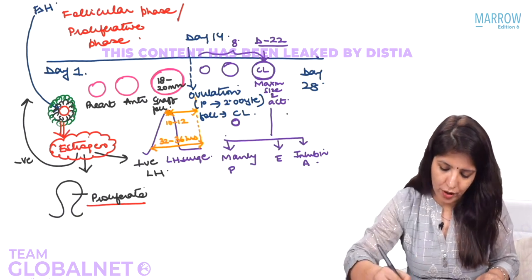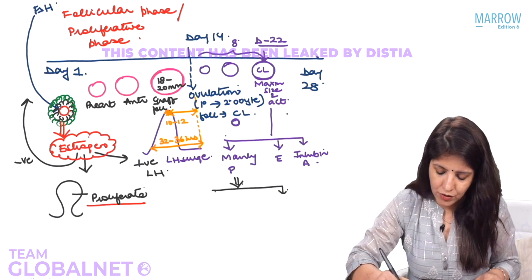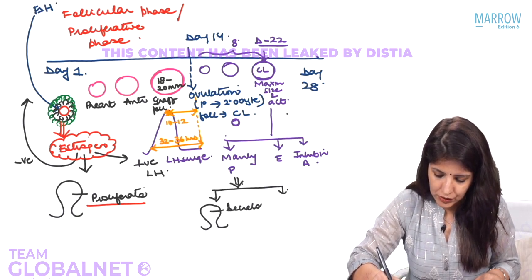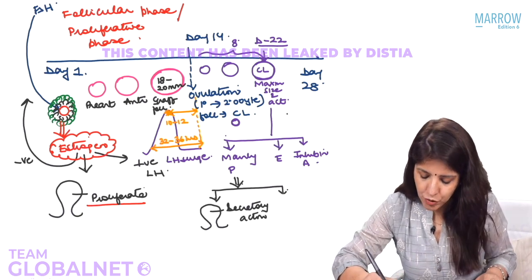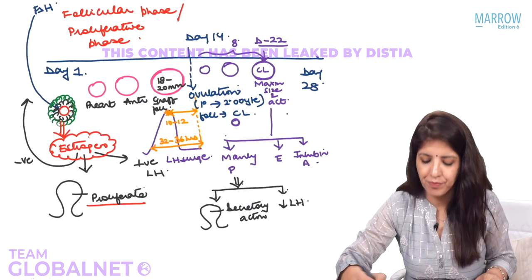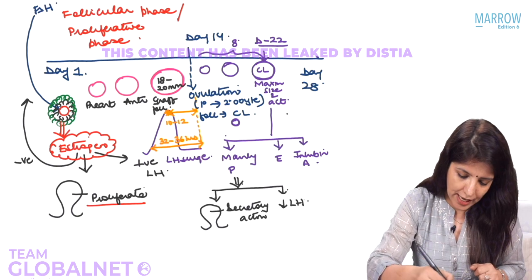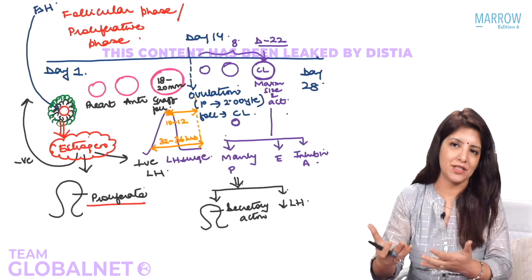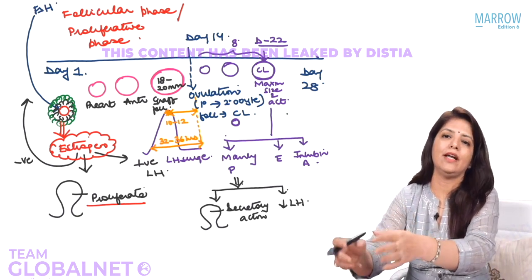Now, this progesterone which it produces will have two functions. It will act on the uterine endometrium and bring about secretory action, and it will decrease LH. Because progesterone decreases LH, the size of the corpus luteum starts decreasing, and ultimately when there is no LH, the corpus luteum will totally degenerate.